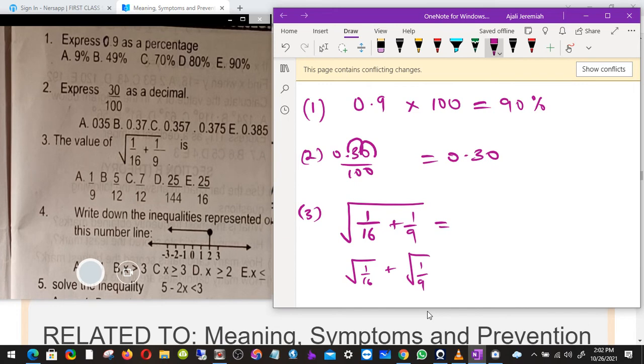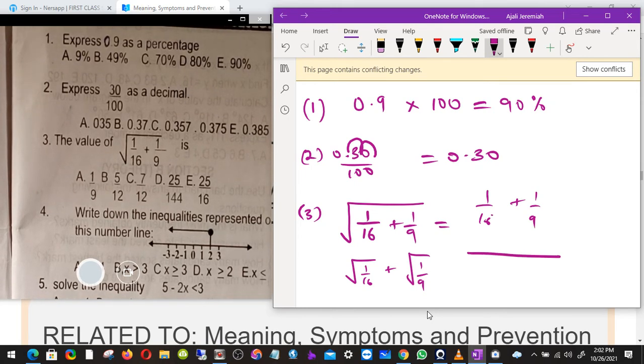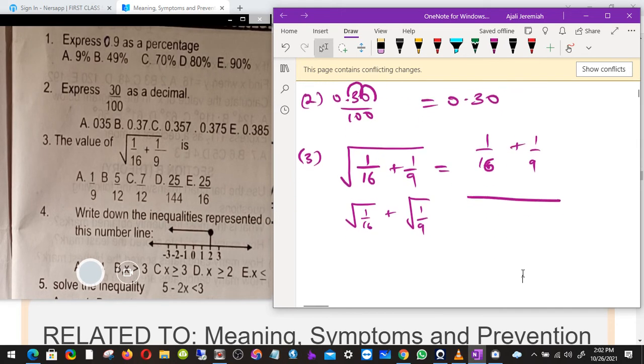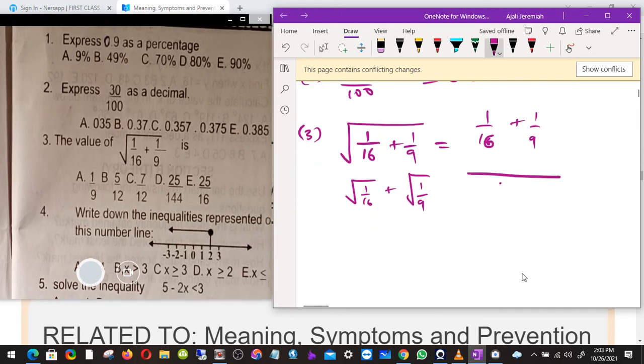So let's do 1 over 16 plus 1 over 9. Let's get the addition. Do you have an LCM? Okay, our LCM is 144. 16 into 144 is 9, 9 times 1 is 9. 9 into 144 is 16, 16 times 1 is 16. 9 plus 16 is 25. 144.